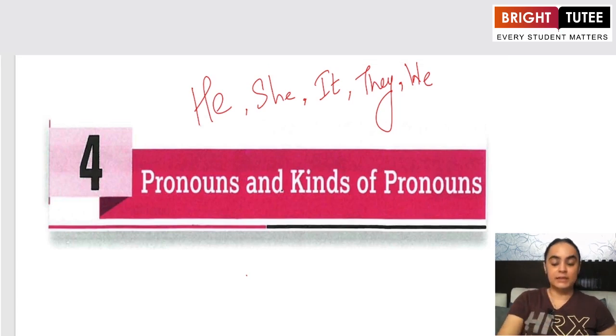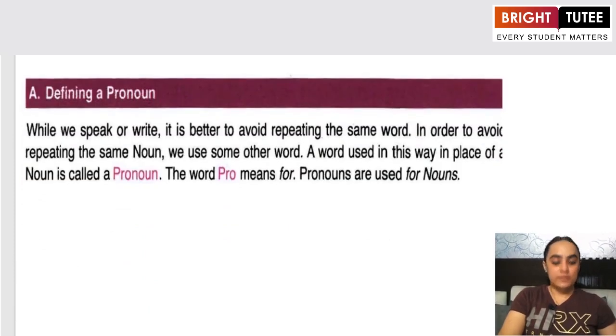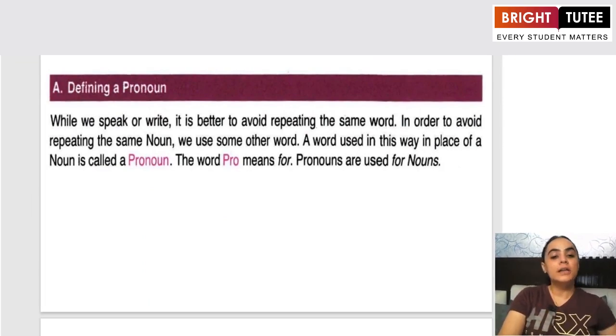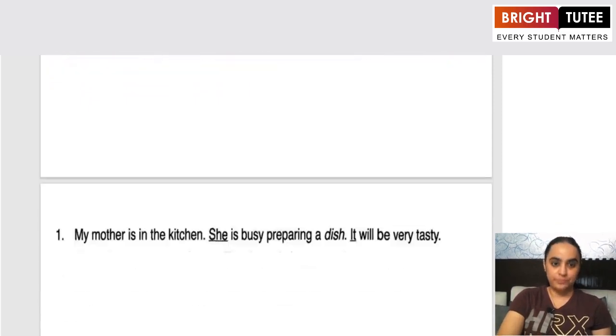So basically, a pronoun is a word which is used in place of a noun. So pronoun refers to the substitute for noun. That is, if we do not want to use the noun again and again in the sentence, we replace it with a pronoun.